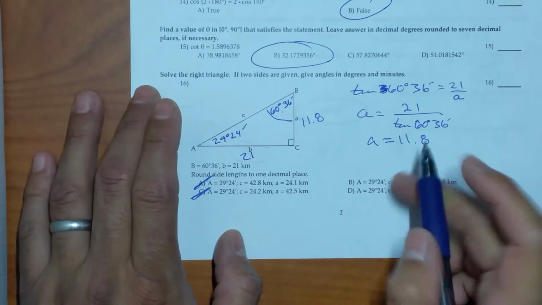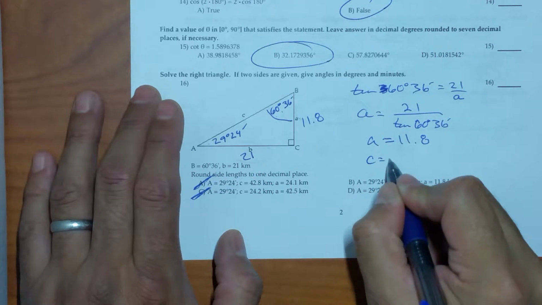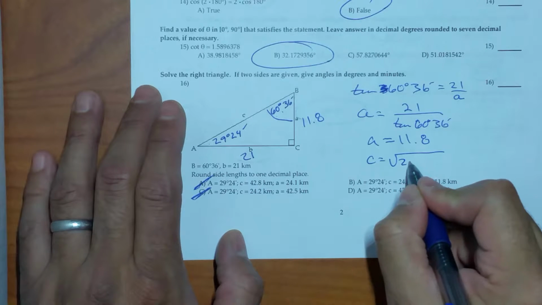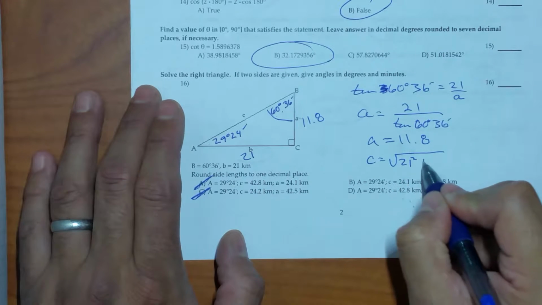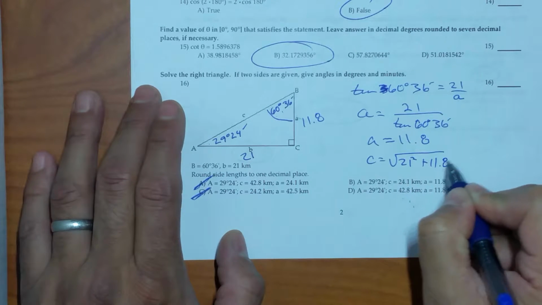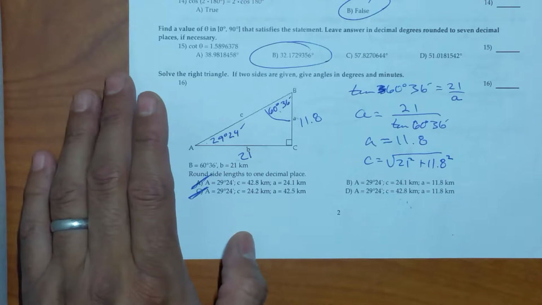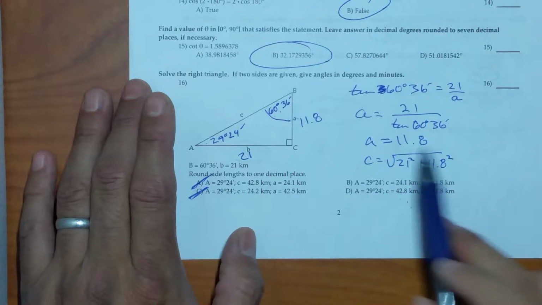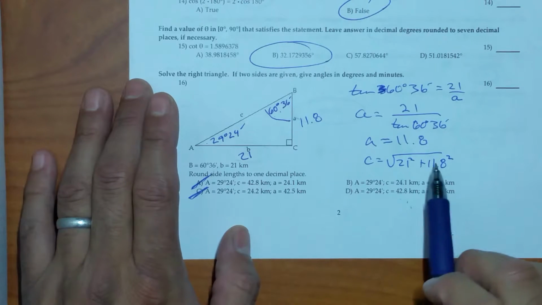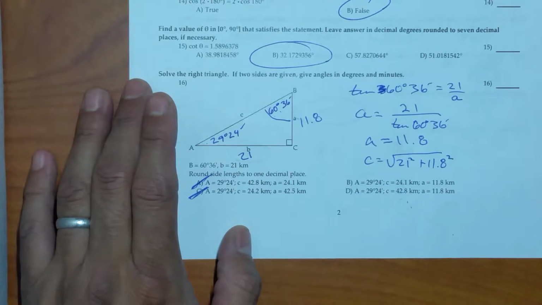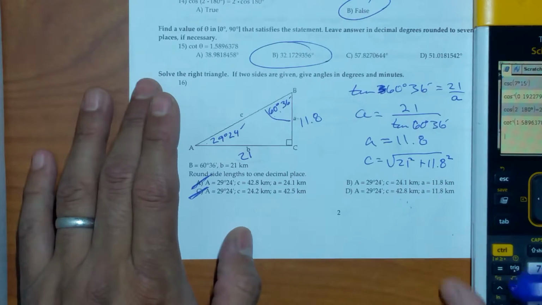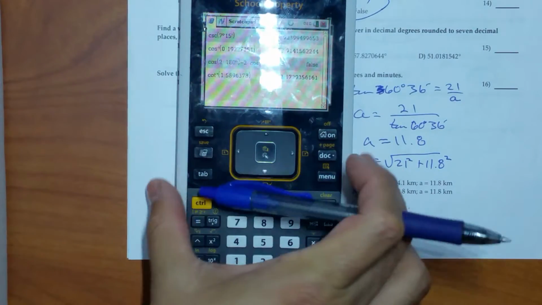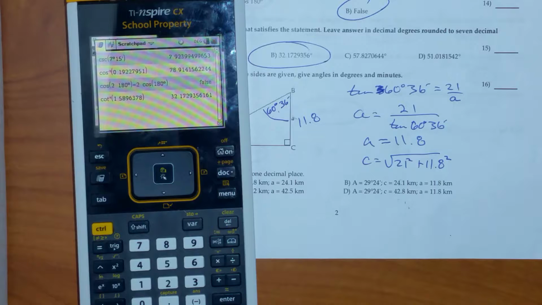So what's the shortcut method? C equals square root of 21 squared plus, there we go. So that's the shortcut method. You guys could actually go through and do the whole Pythagorean theorem if you want. So, plug it in the calculator. Hold on. For the sake of my video, I want to actually just do this one.